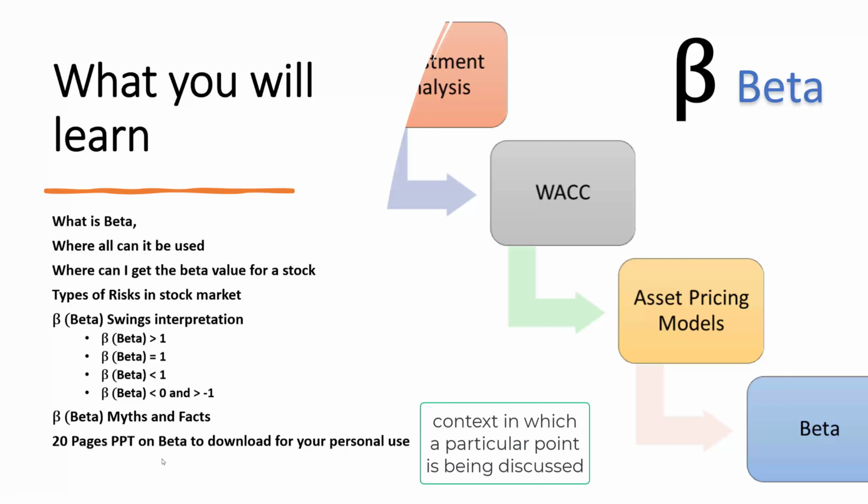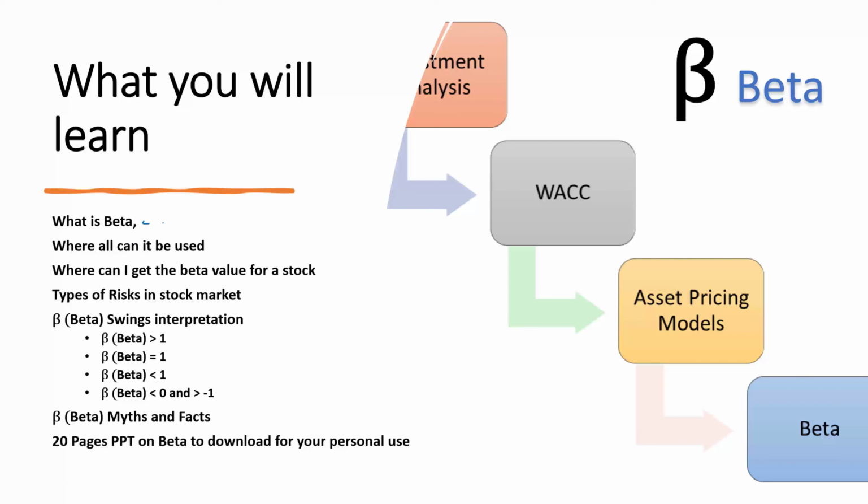Beta is nothing but, so let's say you have your investment, right? Let's say you are investing in a company. Now, you need to understand how your investments will perform. If you have to understand the performance, you have to compare against something.